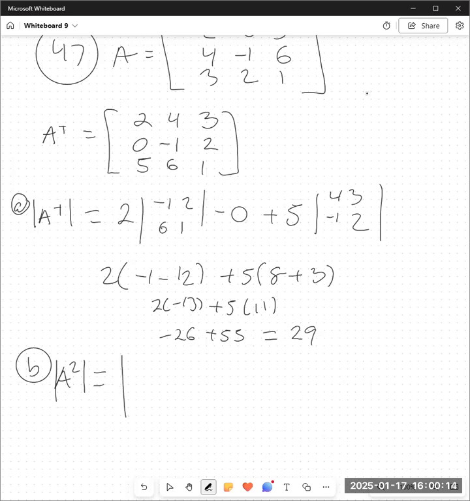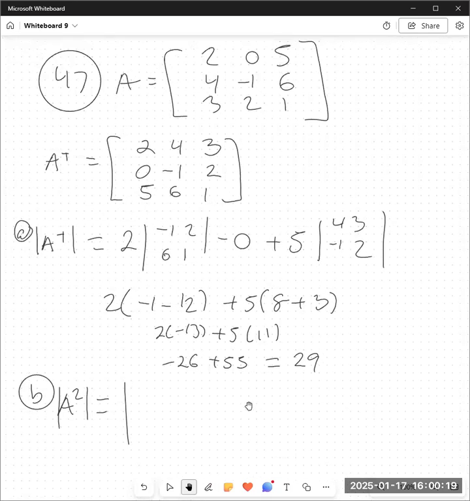So this is the determinant of A times A, which should be that determinant times itself, so that determinant squared.